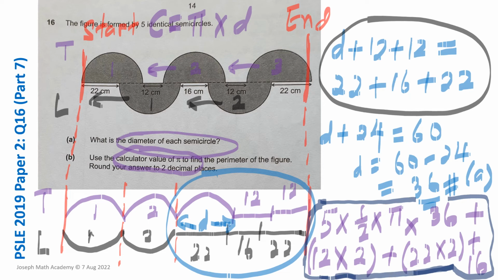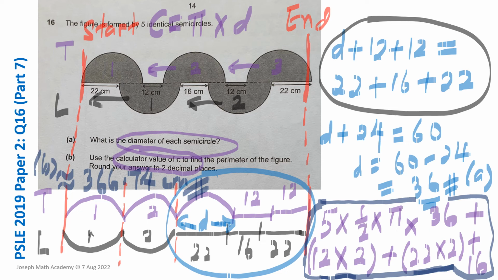We should get the answer for part B. I'm going to write down here because I lack space. So you have approximately 366.74 cm. So part B is found.